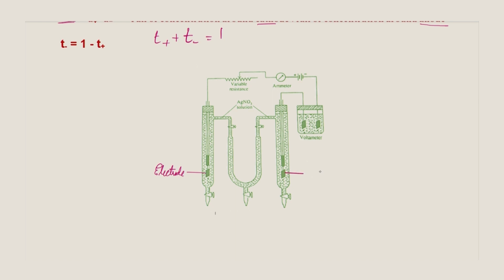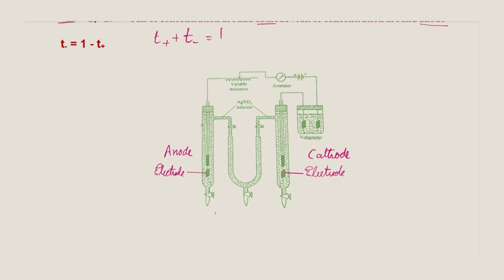This is the anode, and this is the cathode. The anode is connected to the positive terminal, where there will be deficiency of electrons, and therefore oxidation takes place here. The cathode is attached to the negative terminal, where there will be an excess of electrons, and therefore here reduction will occur.